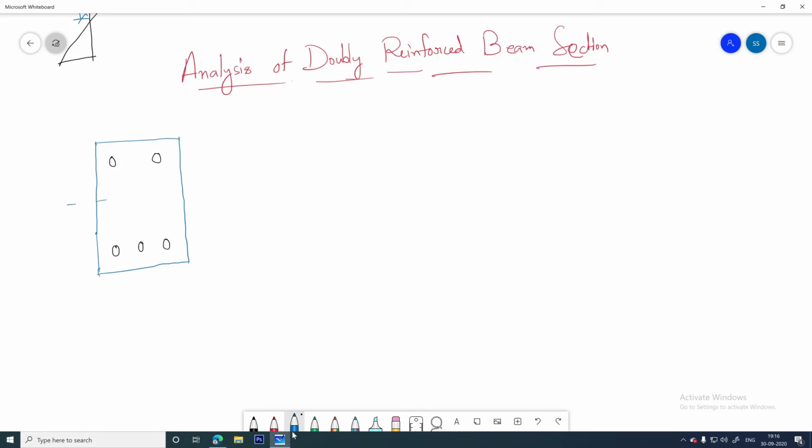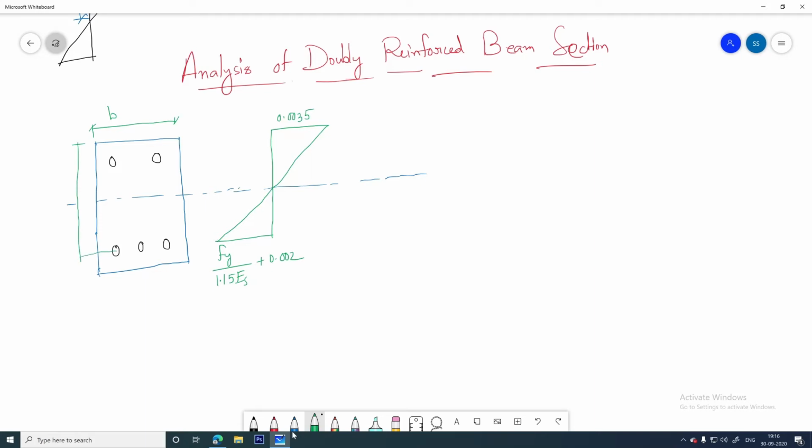Now if we consider this is the neutral axis, we can draw the strain diagram in such a way, and the value here is 0.0035. Here it is Fy by 1.15 Es plus 0.002. This one is b, this one is D, and this one is d dash. I have told you, na?